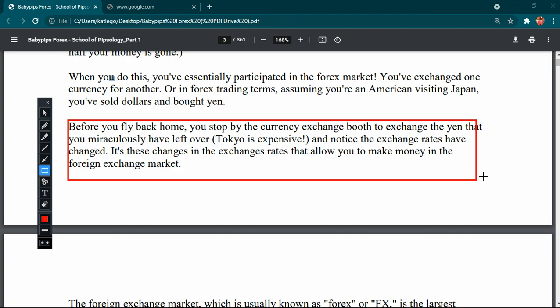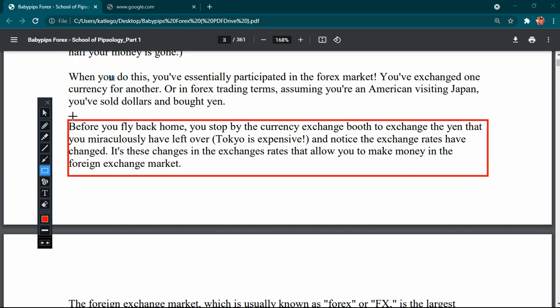And then we have another last sentence here. It says, before you fly back home. So the keyword here is before. You stop by the currency exchange booth to exchange the yen that you miraculously have left over.